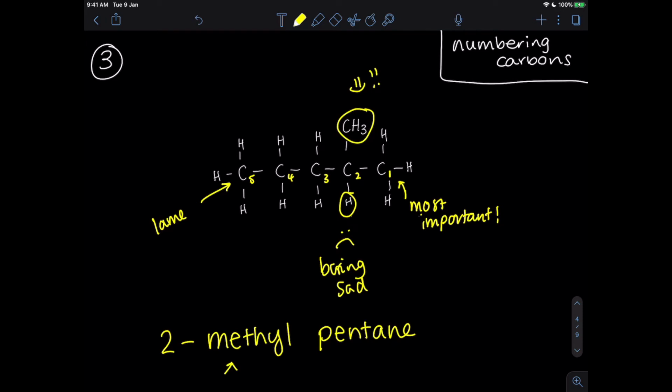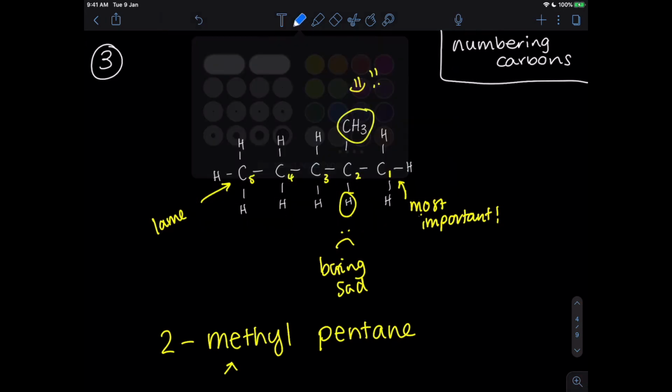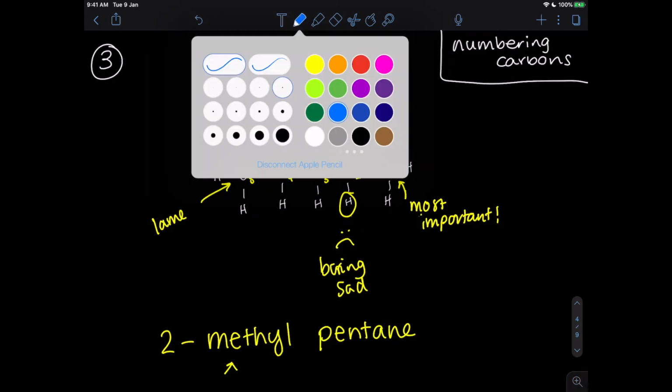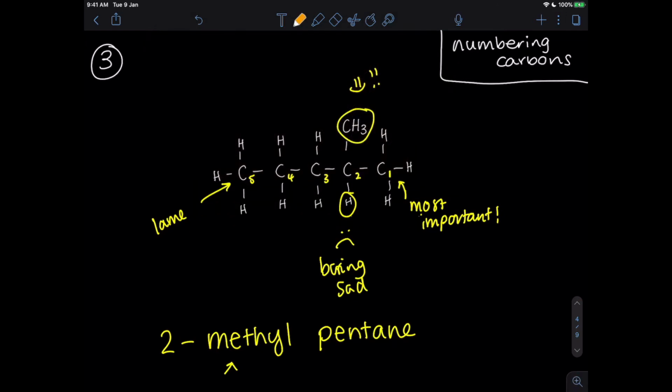So if I go through this, this tells me that there are 5 carbons in my main chain, and they are all single bonded carbon-carbon. So pent, 5 carbons, ane, single bonds.